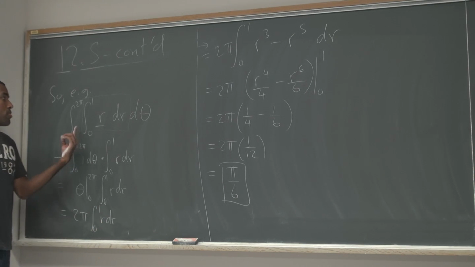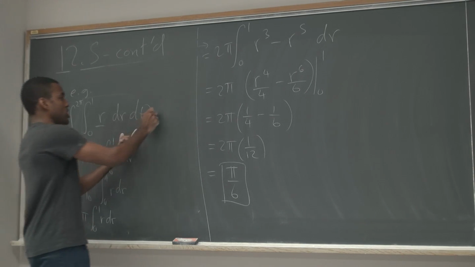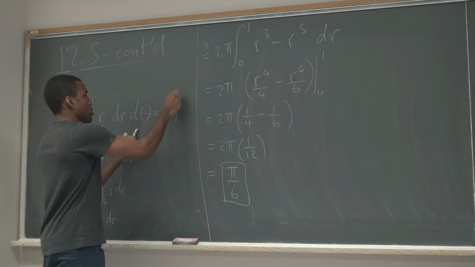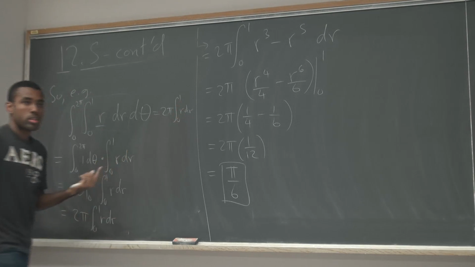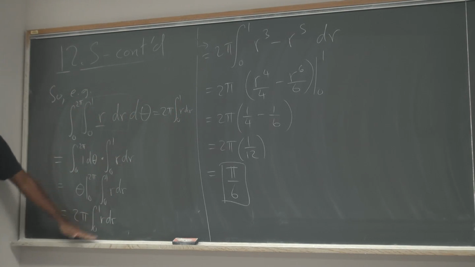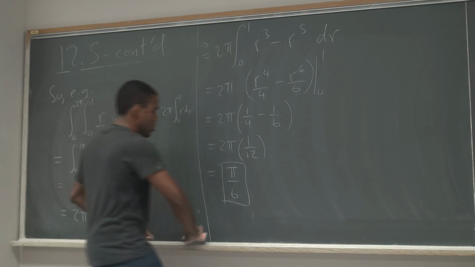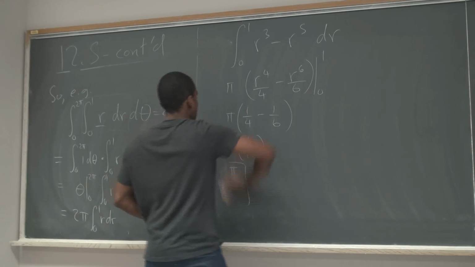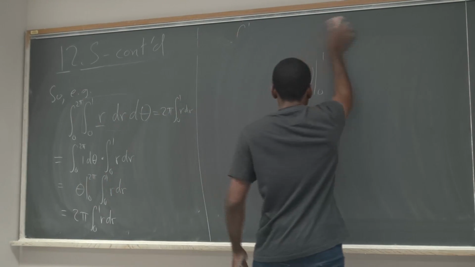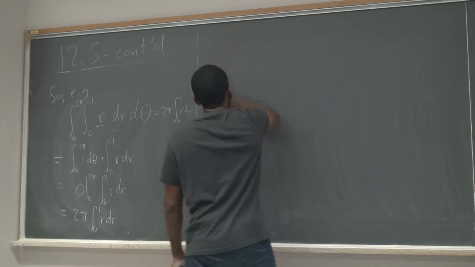So it's not uncommon for me, seeing this, to just write 2 pi times the integral from 0 to 1 of r dr. I might just make that step. It'll skip all this work, because there were no thetas here. I could literally just factor the theta part out. Okay? So there are times when it's not a big deal here, but it will be.